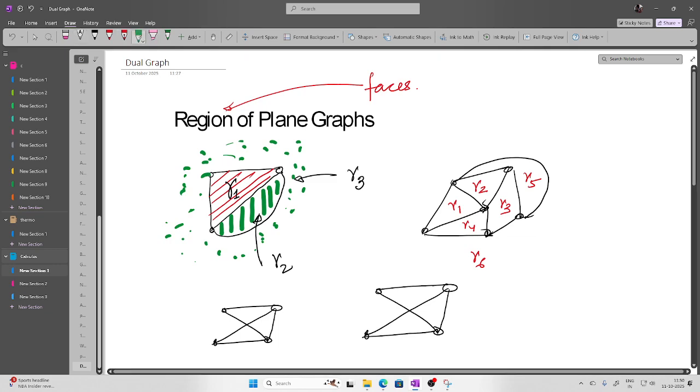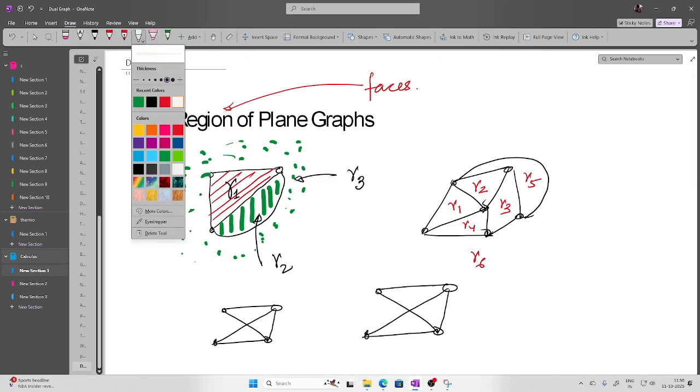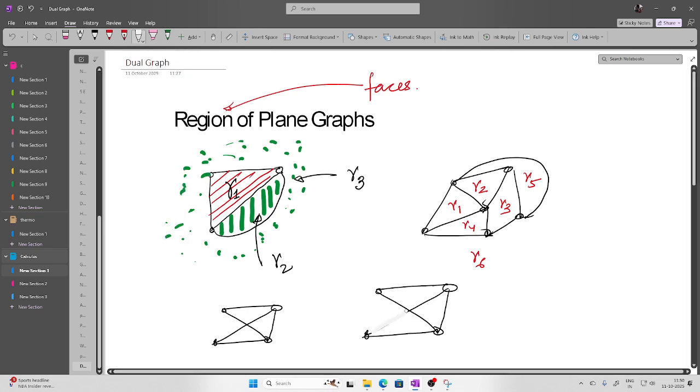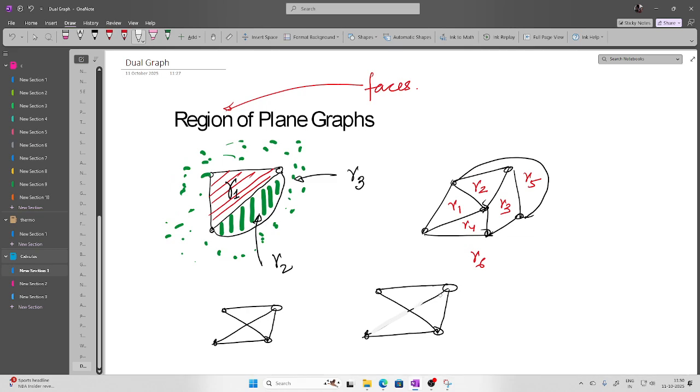So what I'll do is remove this edge from here, because this is where the intersection point is, and I will draw it from outside. Now the moment I did this, you will be able to see that no intersection of edges takes place, and hence the graph is now a plane graph.